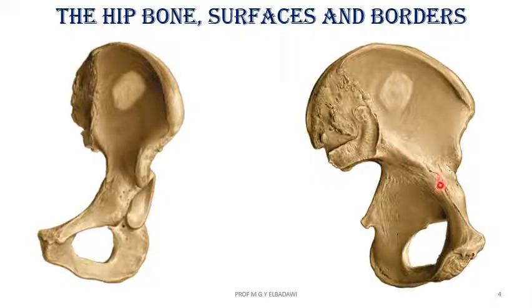That is the iliopectineal eminence, or iliopubic eminence. The fusion is very clear here between the pubis and the ilium. Then this is the pectineal line, which will be continued with the pubic crest here. We'll show it on the other side.